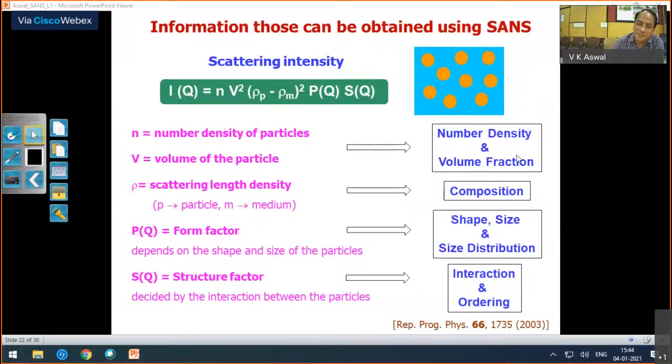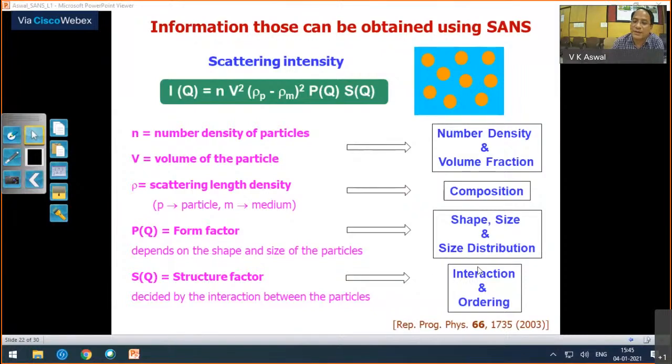So if you want to know what is the number density of particles in your system or the concentration of the system, you can get it. Very simple, because these are the terms that decide this. And then this form factor term, as I said, you can get information on shape, size, distribution.